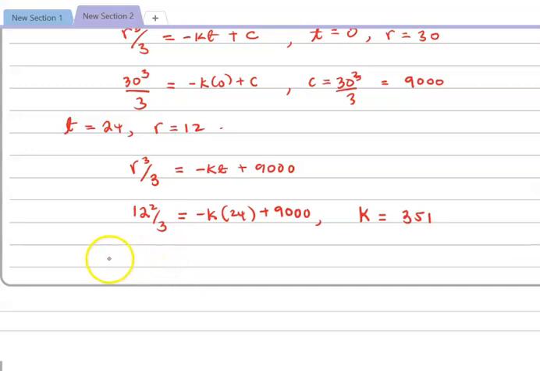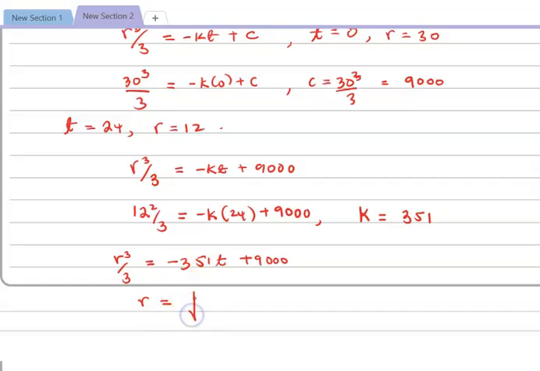Your equation is r cubed over 3 is equal to minus 351t plus 9,000. So you multiply by 3 and then take the cube root.